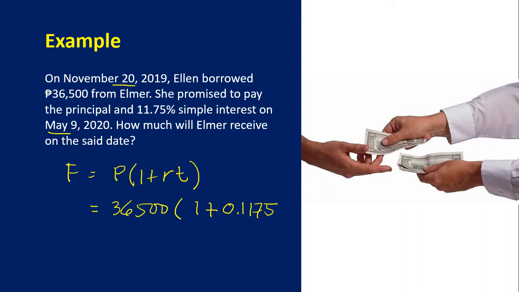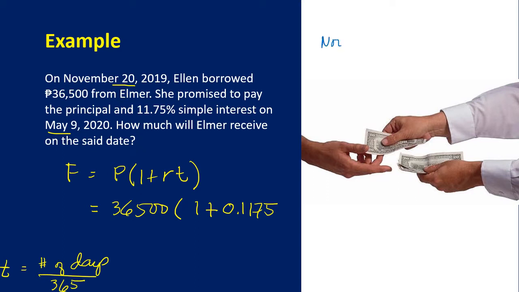We really have to get the exact number of days, because for the time, we will turn it to number of days over 365, right? So let us count that.